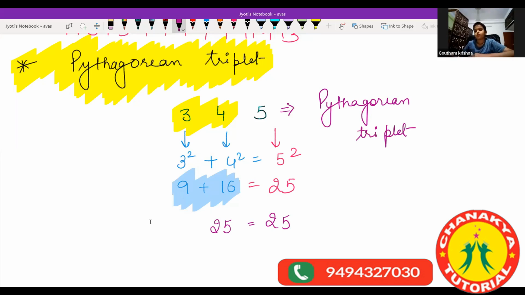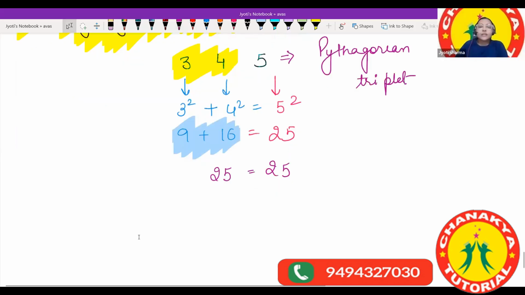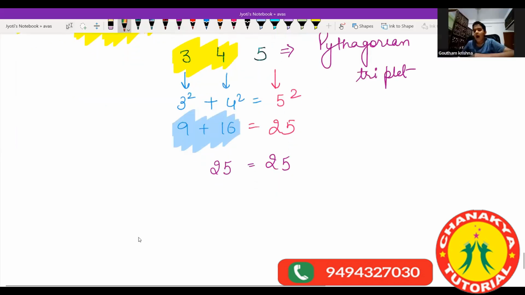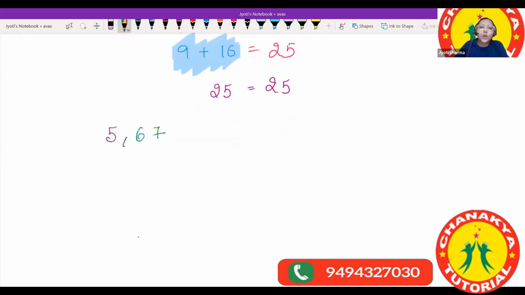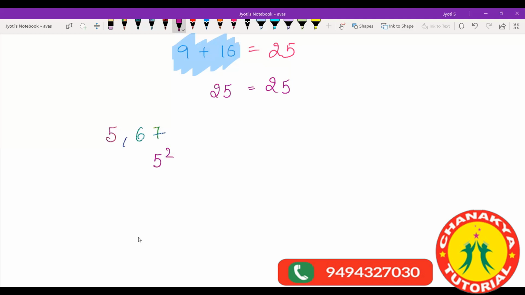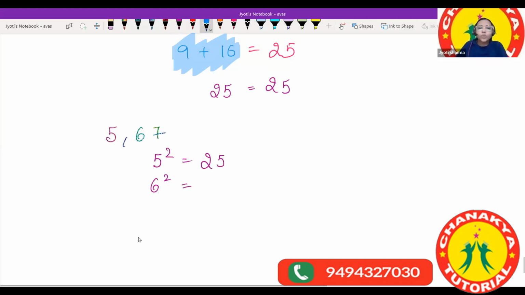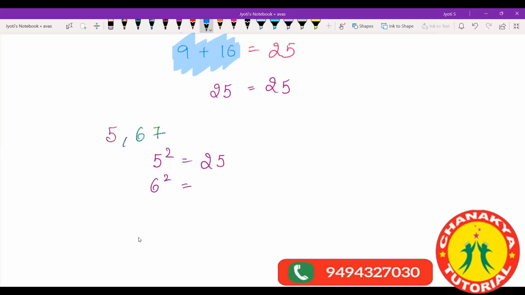Okay. All right. Let's take another number. Let's check with other numbers. Let's say 5, 6, 7. What is the square of 5? 25. 6 square? 36. What is the 7 square? 49.